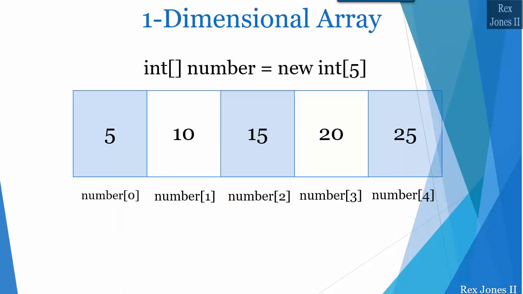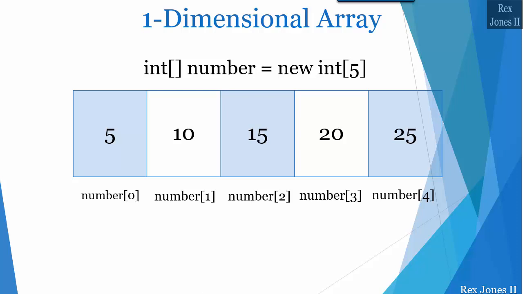Here's an example of a one-dimensional array. It has space to store 5 values. The first value is stored at number 0, and the last value is stored at number 4. All arrays have a fixed number of elements accessed by an index starting at 0.